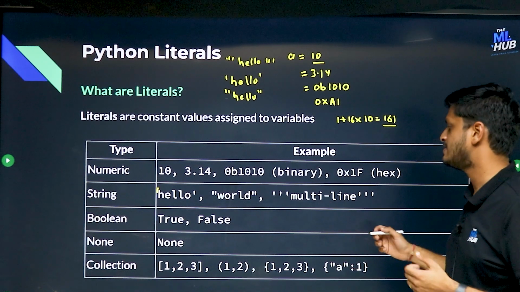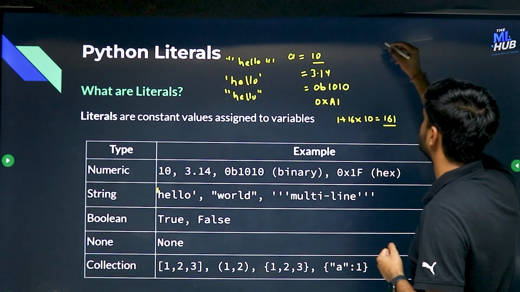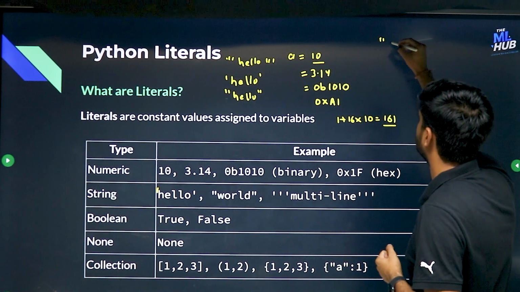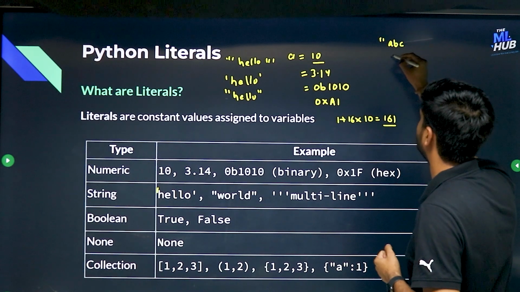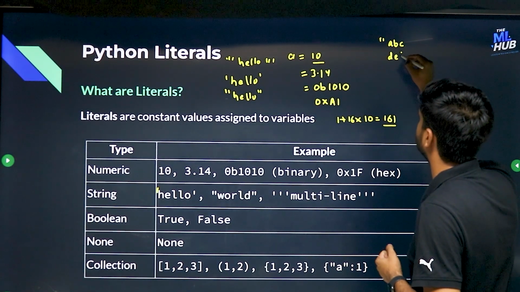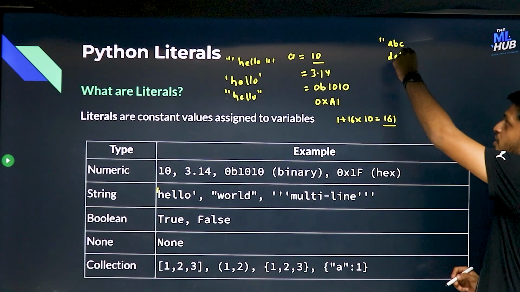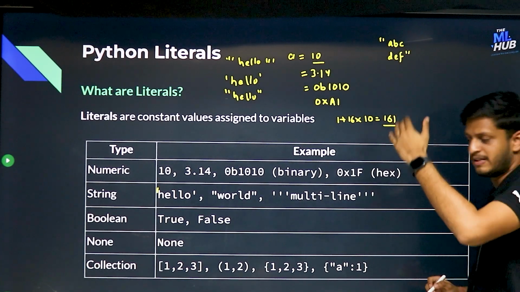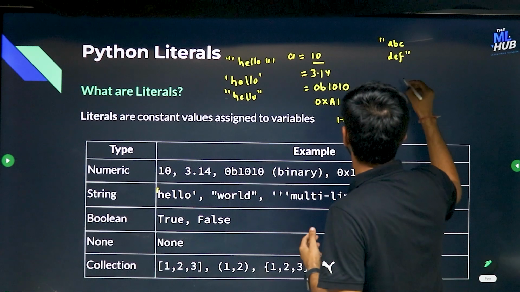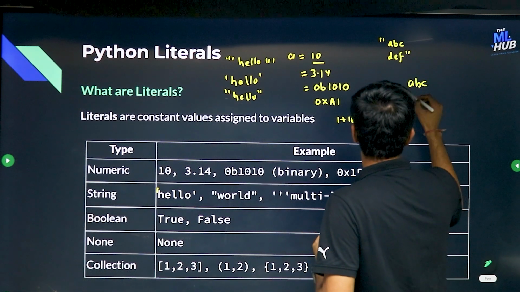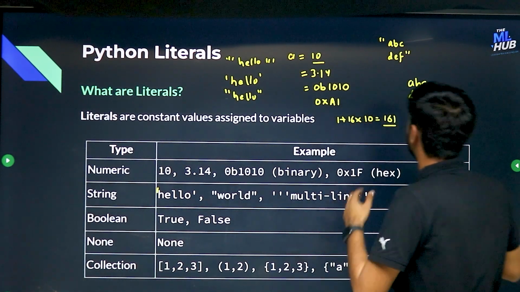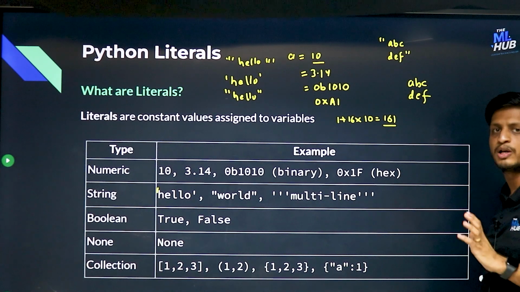See, what happens is, when you are writing a string like this, let's say ABC, and then in the next new line you have DEF. In a single string, if you have a new line character or you have an enter, like basically you want this to be a single string, ABC and the new line character and then DEF, then you cannot do it using single quotes or double quotes.